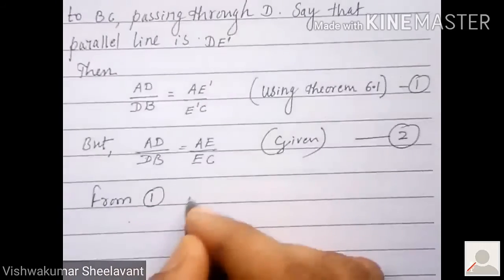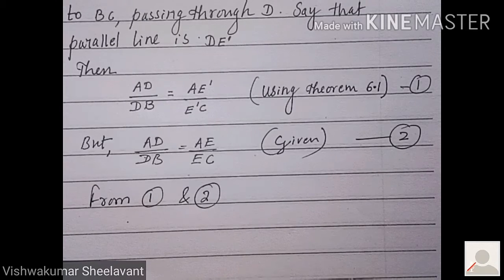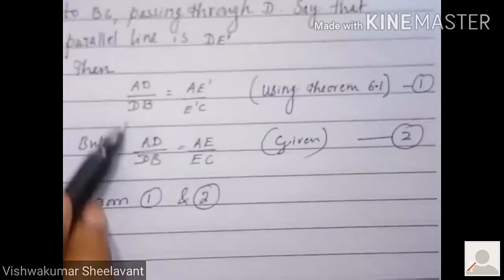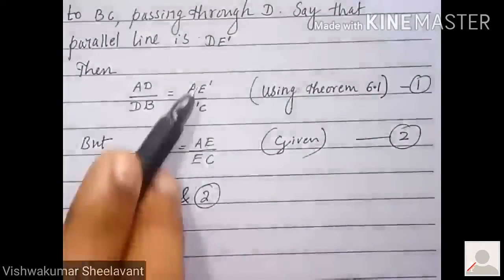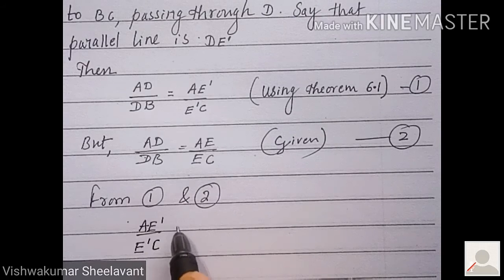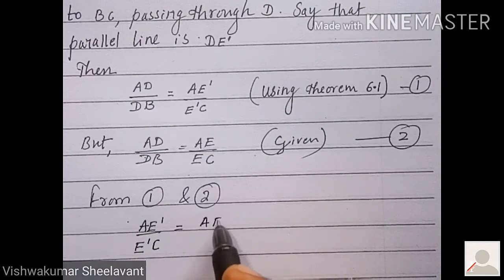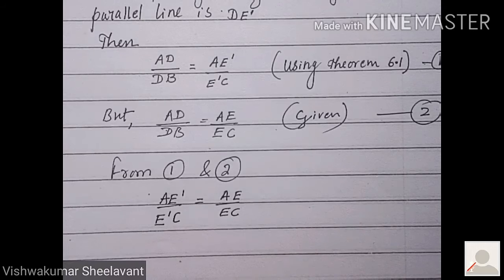From 1 and 2, what do you find? The left-hand sides are equal, AD by DB and AD by DB. That means the right-hand sides must also be equal, that is AE dash by E dash C is equal to AE by EC.